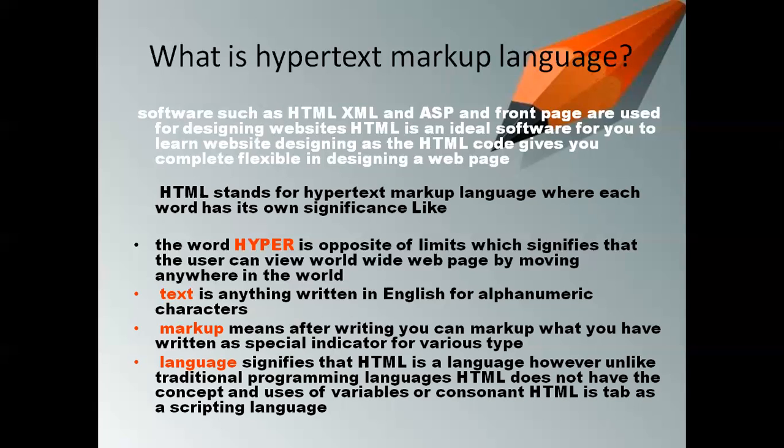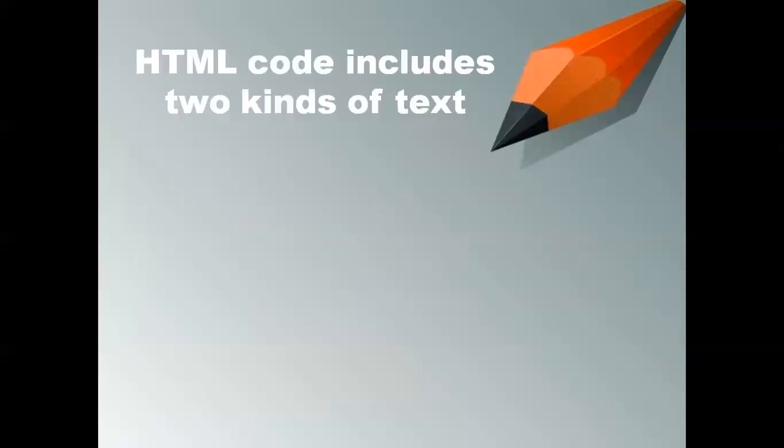We just have to script. When we learn practically, we will easily understand. So it is a scripting language, not like defining variables and files, so it's very easy. In short, hypertext markup language is used for designing websites, and each word meaning we have just covered.